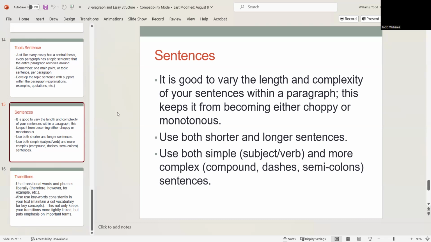However, if you go the other way and have too many long, complicated sentences on top of long, complicated sentences, that can be difficult for your readers to follow as well. So use shorter sentences, longer sentences, simple subject-verb structures, more complex structures. Use compound sentences with and or but. Throw in dashes and semicolons here and there if you want to.